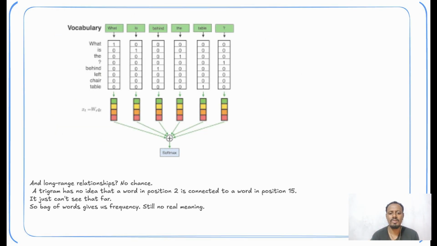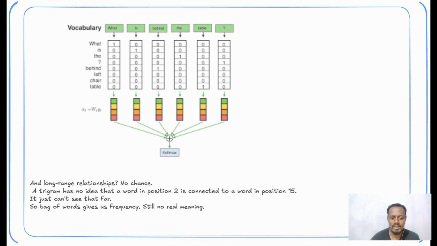Okay, next attempt. What if we look at the whole document instead of individual words? This is a bag of words. Imagine literally taking all the words in the document and throwing them into a bag. Shake it up. Now count how many times each word appears. That count vector, that's your representation.